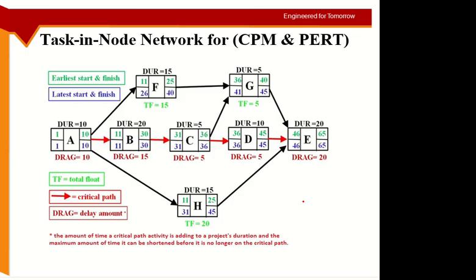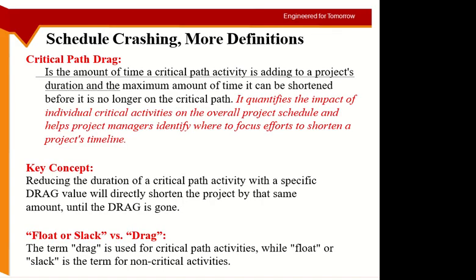The drag does not show you what is actually happening with the activity. So for activity B, the drag is saying that you can reduce it to 15 days, but is it really possible to reduce activity B by that much? Anyways, the drag gives you one of the estimates of the crash limits.